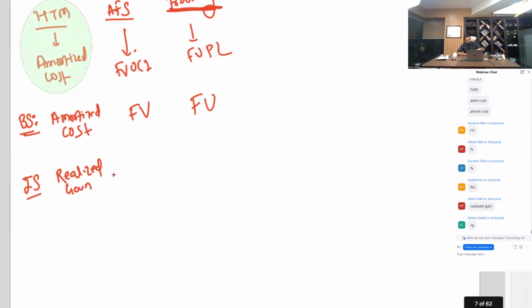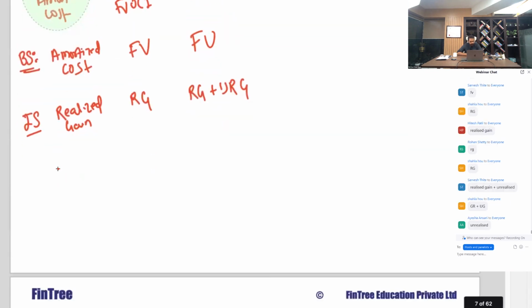You can realize a gain but not receive it in cash, so we want to be a little careful there. How about AFS? On the income statement, we will show realized gain. How about trading? On the income statement, we will show both realized and unrealized gain.